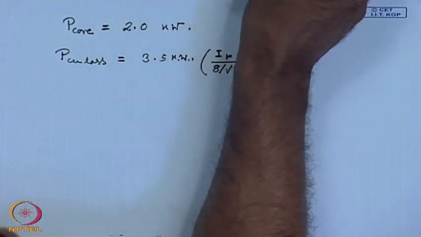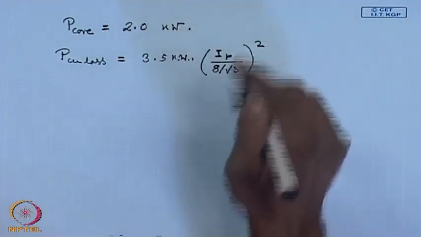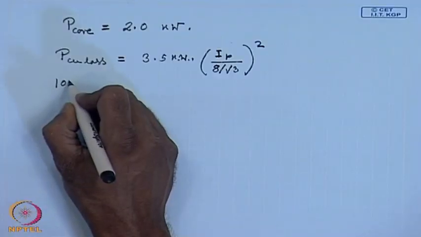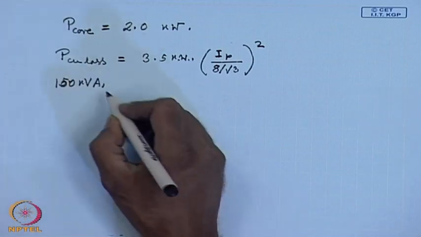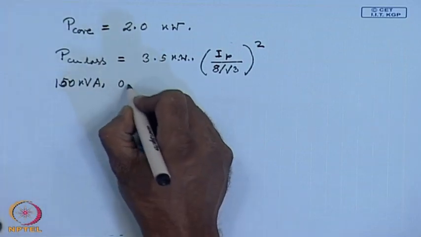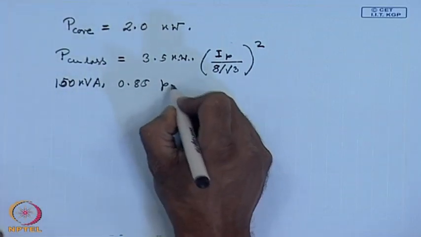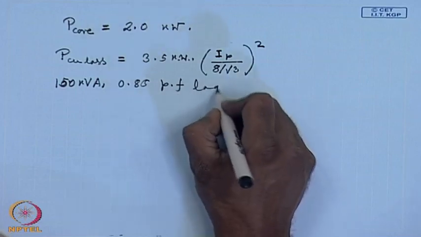For the particular operating condition that we have said, that is 150 kVA, which is the full load current, full load, and 0.85 pf lagging load.